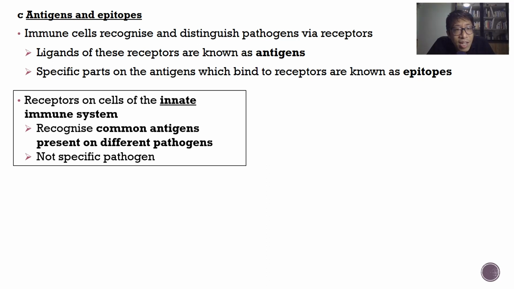The receptors on the immune cells of the innate immune system will be able to recognize the common antigens found on different pathogens. So they would not be able to recognize specific pathogens. They cannot recognize a particular bacterium, for example, but they would know that it is a bacterium. Not the particular bacterium, but like it's a bacterium lah.